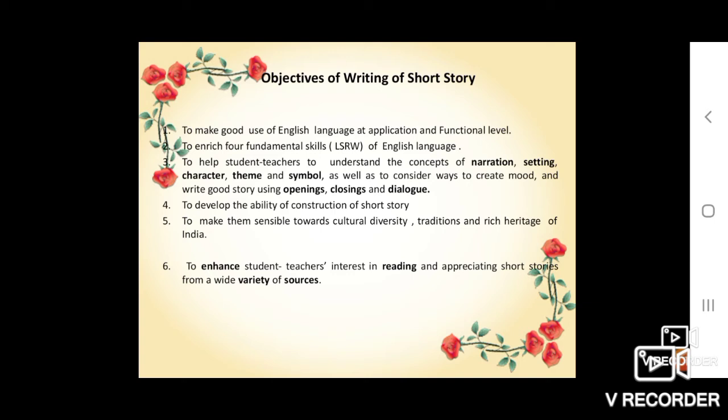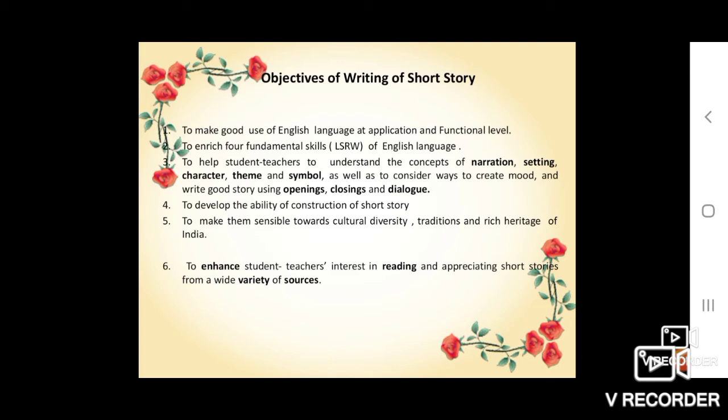For writing any short story, you must be a good reader of the English language. You must be a keen observer, and you should honor the cultural diversity of India or any country. Then you must have knowledge of the tradition and rich heritage of India, so that while drafting a particular short story, you know what narration, setting, character, theme and symbol mean.